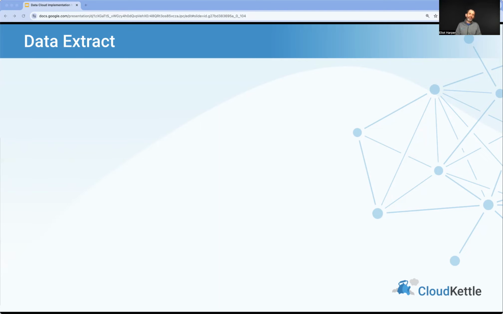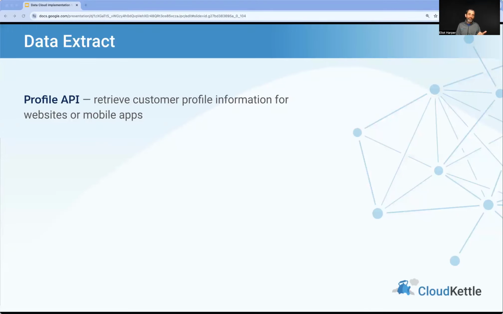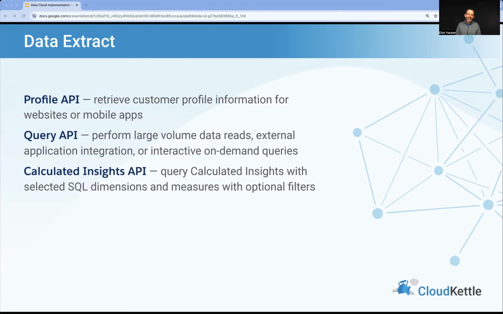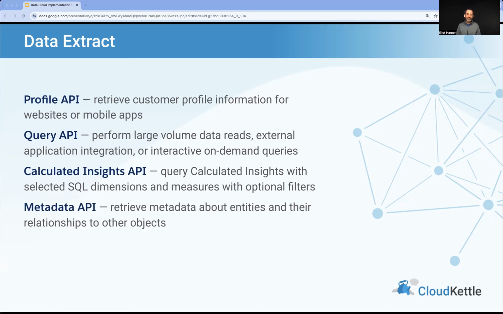Well, Data Cloud provides a set of extract APIs to enable platform data to be retrieved from the platform, which include a profile API to retrieve customer information, a query API to support large volume data reads or interactive on-demand querying of the data lake, a calculated insights API to query calculated insights with selected SQL dimensions and measures with optional filters, and finally, a metadata API to retrieve metadata about data model objects and calculated insights.